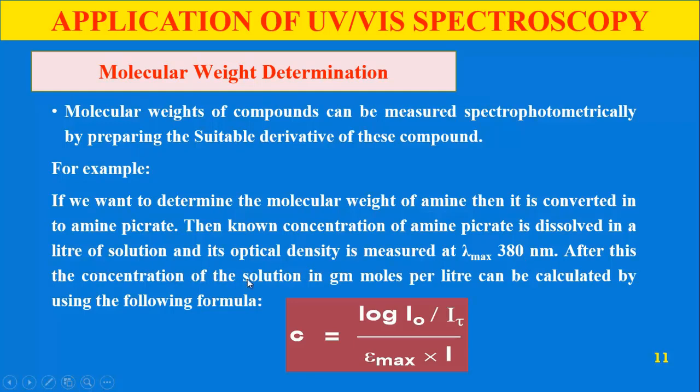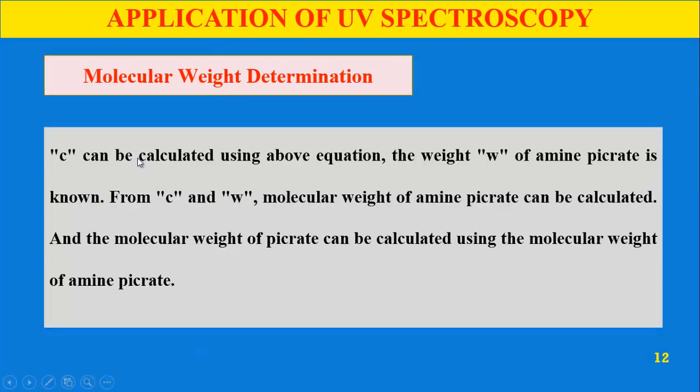After this, the concentration of the solution in gram mole per liter can be calculated by using this formula: log I naught over IT divided by epsilon max multiplied by pi. C can be calculated using that equation.